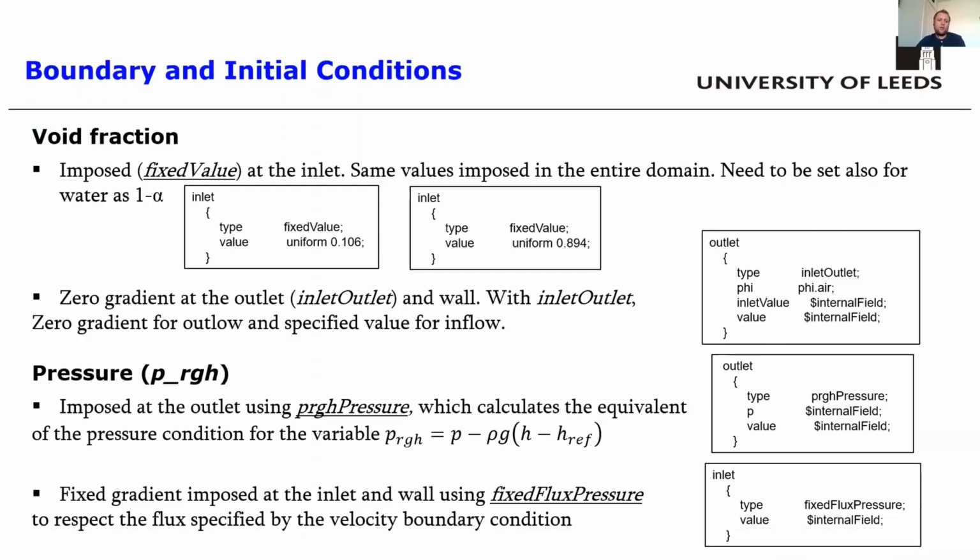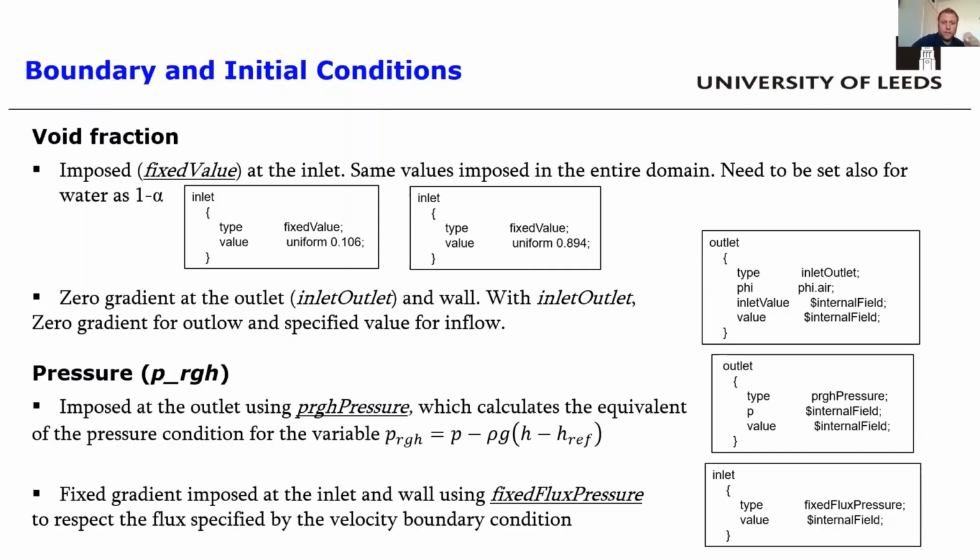Instead, for the pressure, we used a fixed pressure condition at the outlet, using the prgh pressure condition, because the solver solves for this modified value of the pressure, and this condition essentially calculates the equivalent for prgh of a fixed pressure boundary condition.